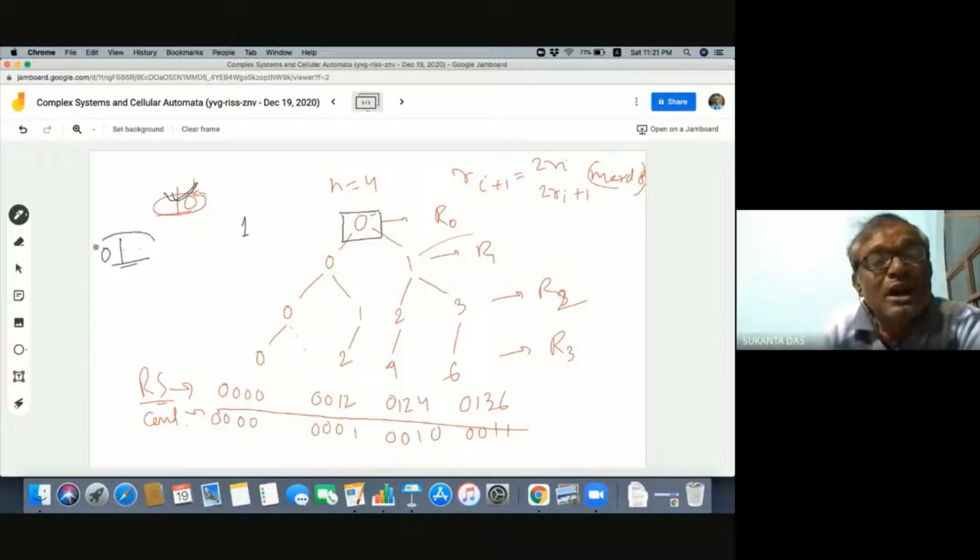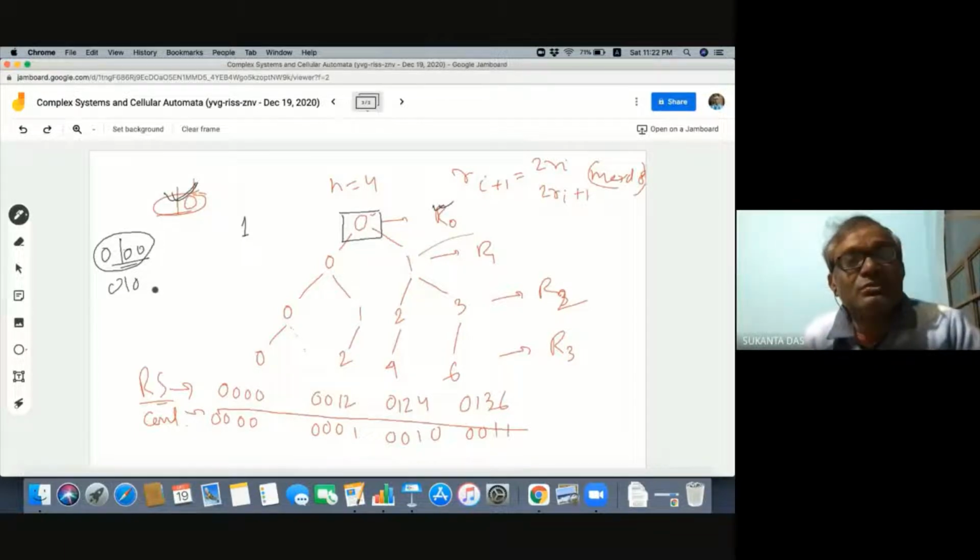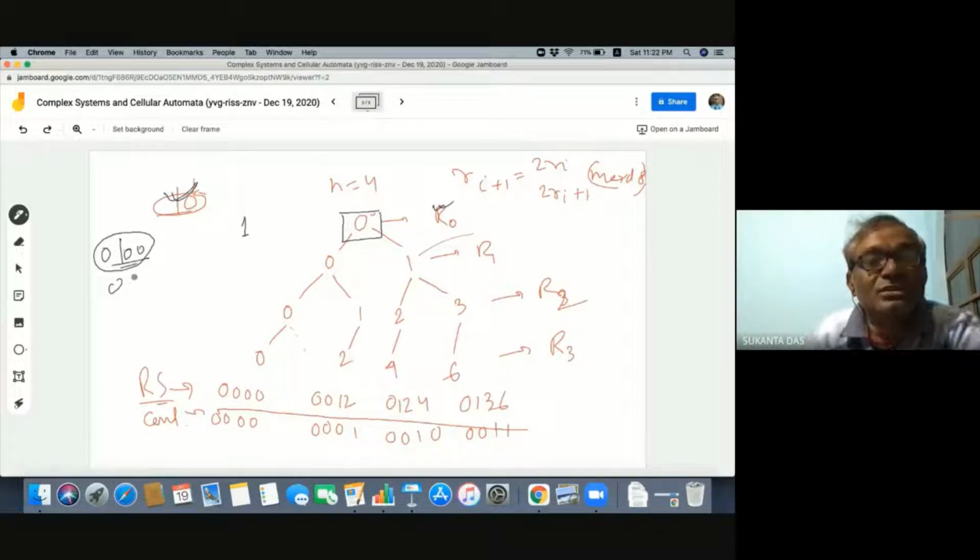So the RMTs for R0 are always 0, 1, 2, 3, because you have the option only to put here 0 0, 0 0 1, 0 1 0, and 0 1 1.